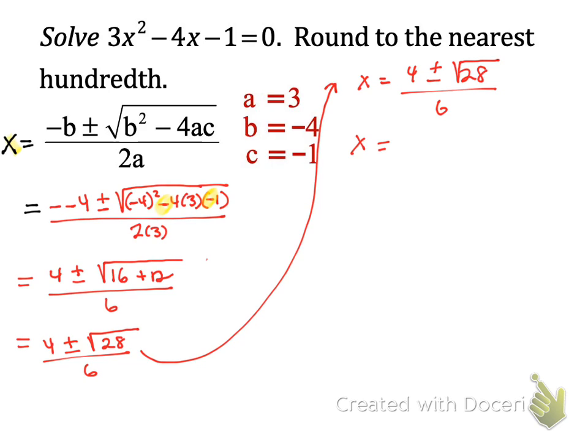How do I reduce that radical? So this is going to be x equals 4 plus or minus 2 rad 7 all over 6.